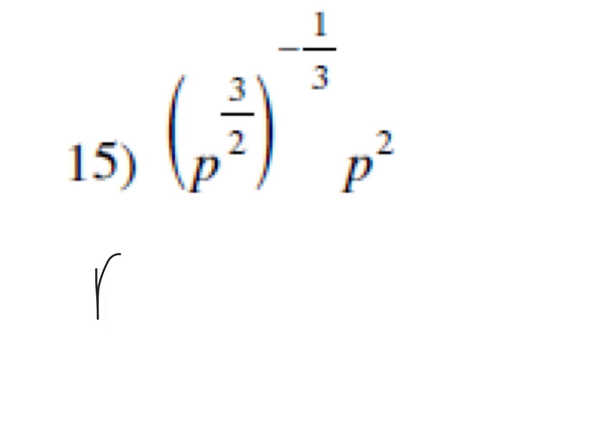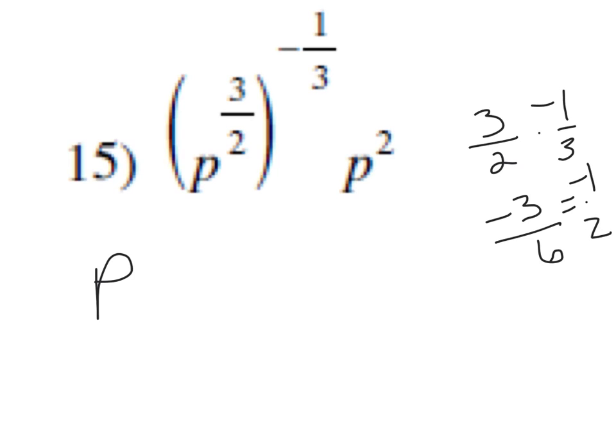We have p to the 3/2 times negative 1/3. So I'm going to do that over here on a scratch on the side here. 3/2 times a negative 1/3. That's going to give me a negative 3/6, which reduces to negative 1/2. So let's keep that. Negative 1/2, we're going to put that here as our exponent.